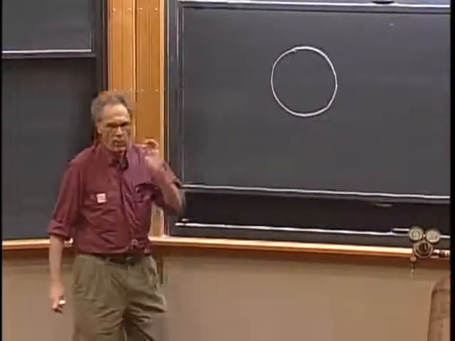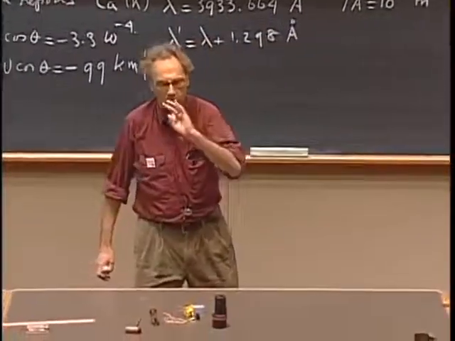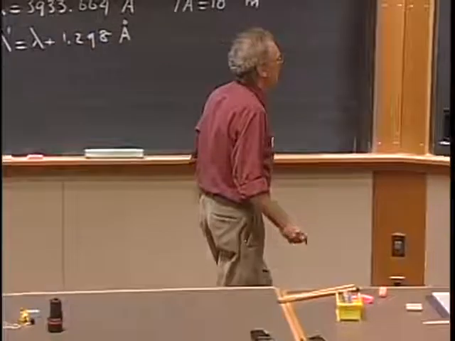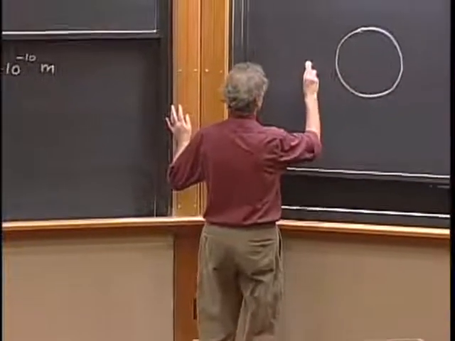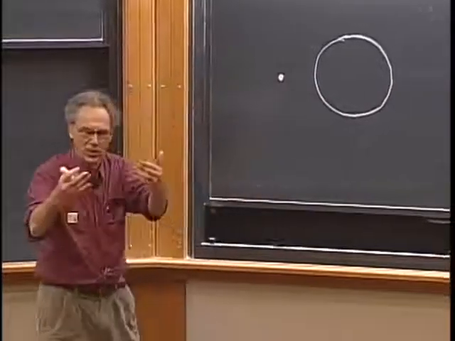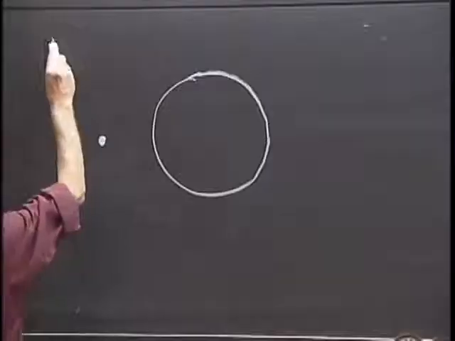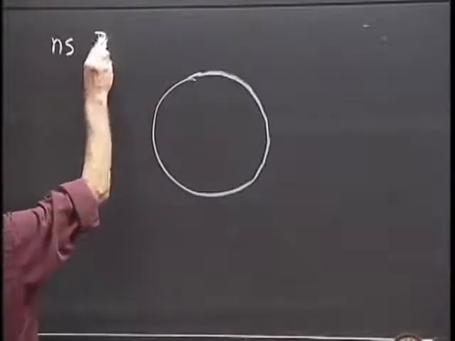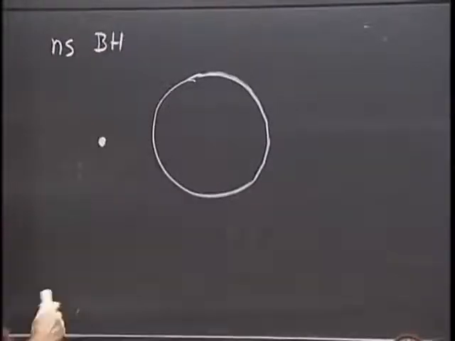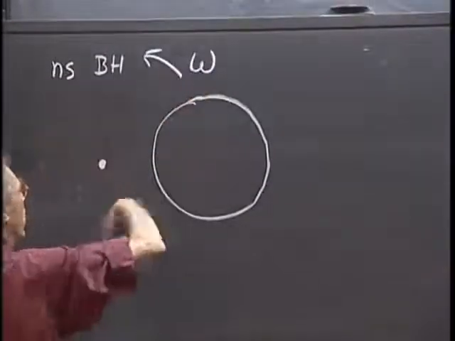But there is another one, very small in size, a neutron star or a black hole, as you will see very shortly, which is very close. We call it a close binary, not because they're close to us, but the two objects are close together. So this one could be a neutron star, or as you will see very shortly, a black hole. And they go around their common center of mass, say the blackboard is the plane, they go around like this.